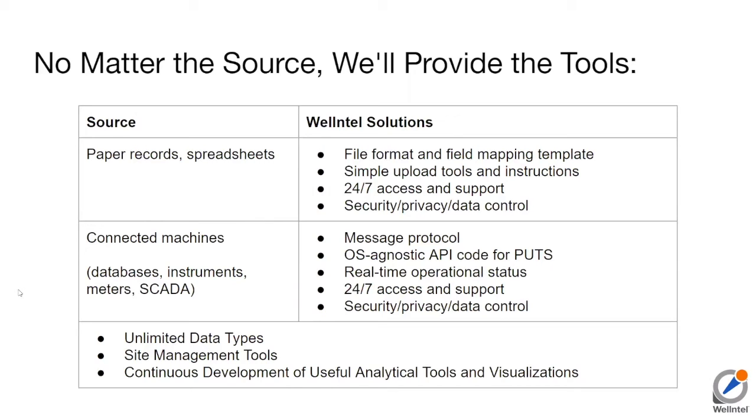When we're connecting machines, we provide a messaging protocol. We provide API code so that you don't have to write it yourselves. And we do that in an operating system agnostic way. So if you're using Macs or PLCs or some other device in the field for collection, we'll be able to help you program it to do this work.